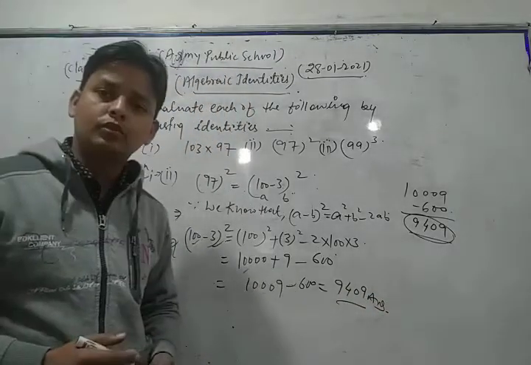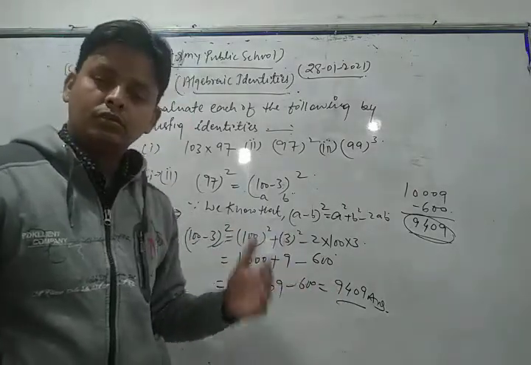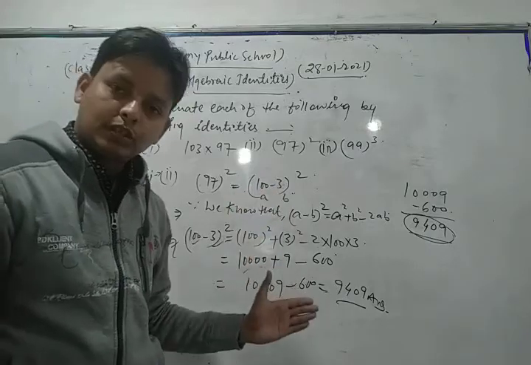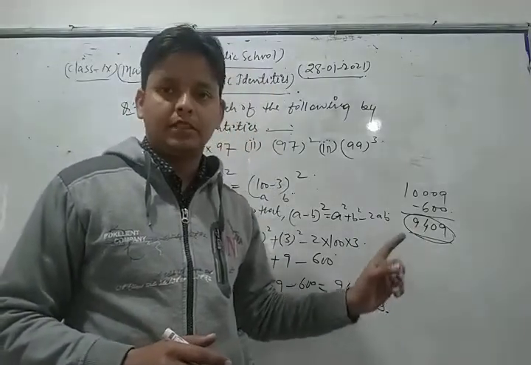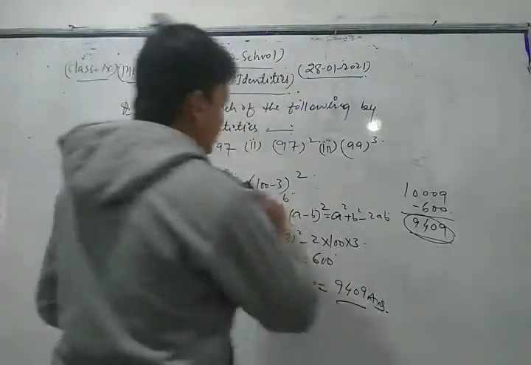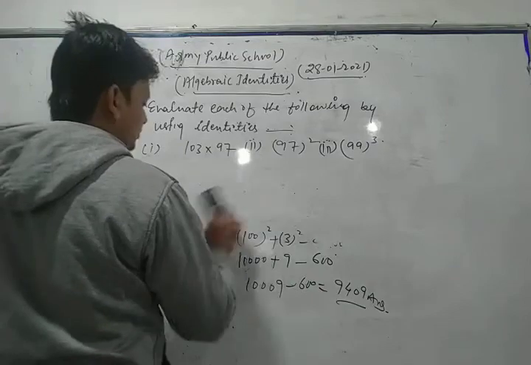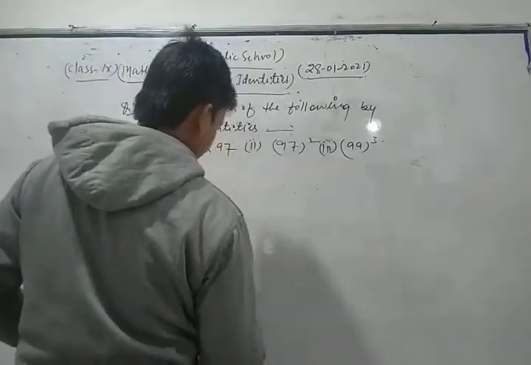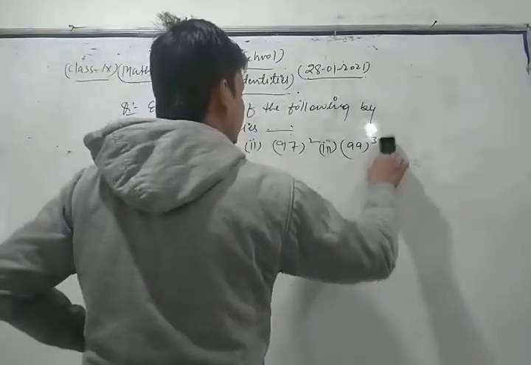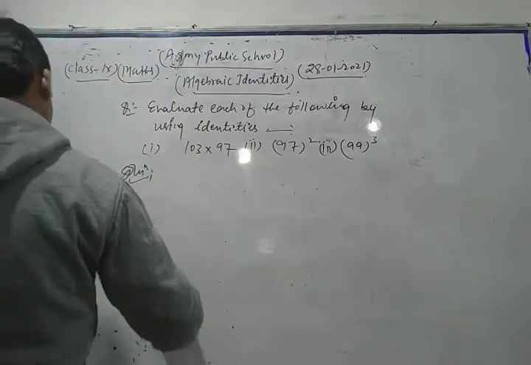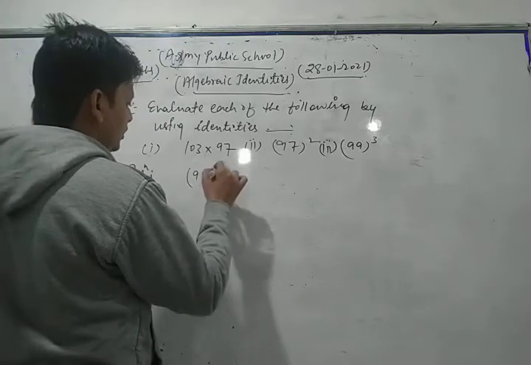Thus, dear students, in this way, using the algebraic identities, we and also you can solve this type of questions. Now similarly, we take and solve the last part of this question based on the algebraic identities. The last part is 99 whole cube.